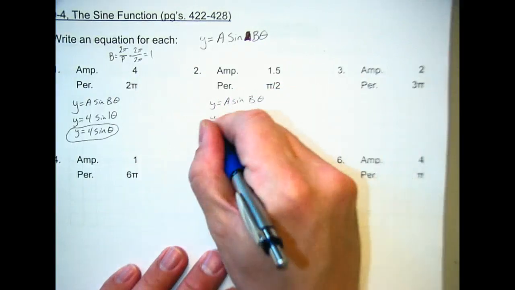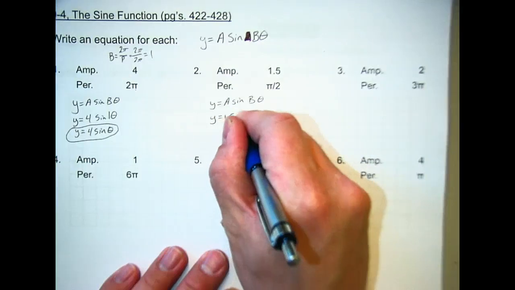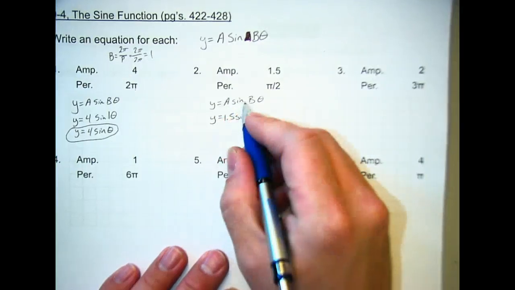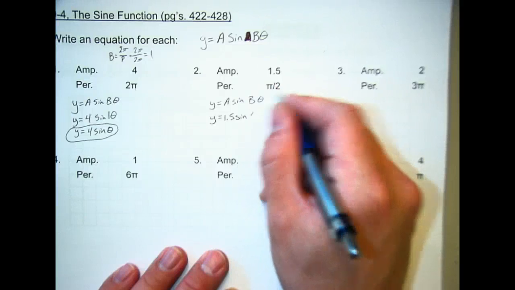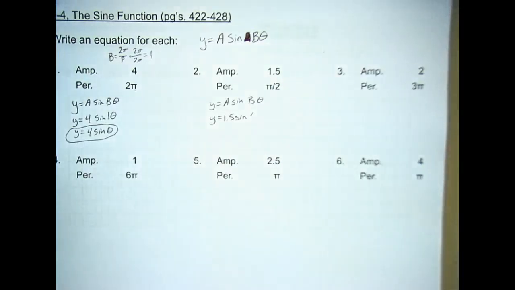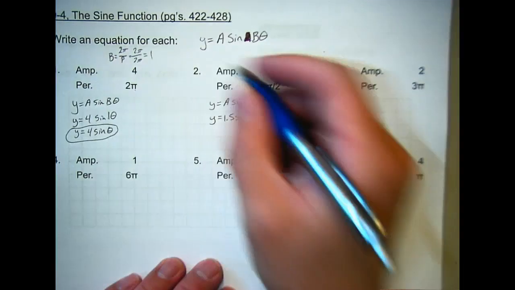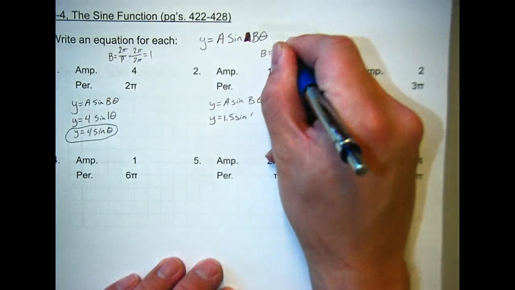Okay, y equals 1.5 sine b theta. Well, that 4 is not b, right? That's p. So how do we find that out? 2 pi divided by pi over 2. Good, yeah. Once again, b is equal to 2 pi over p.